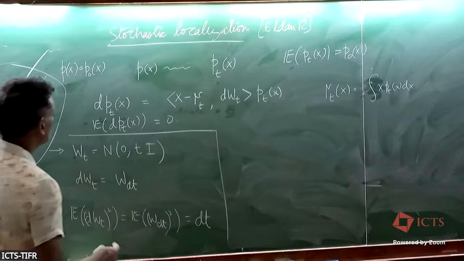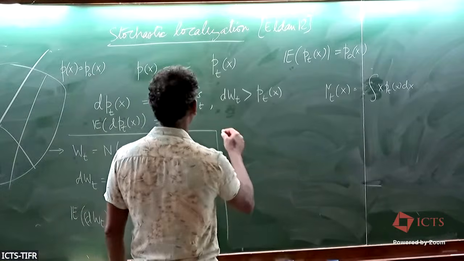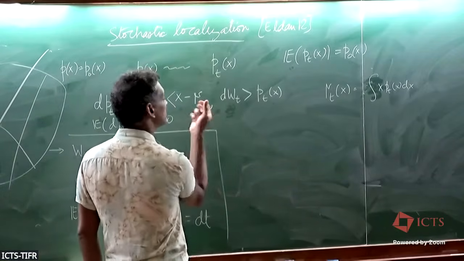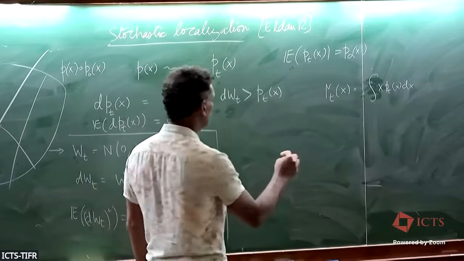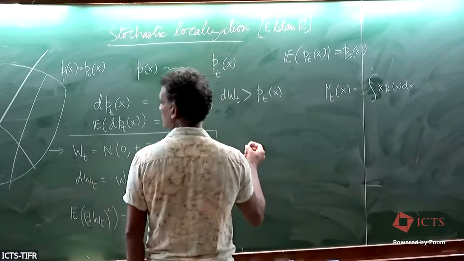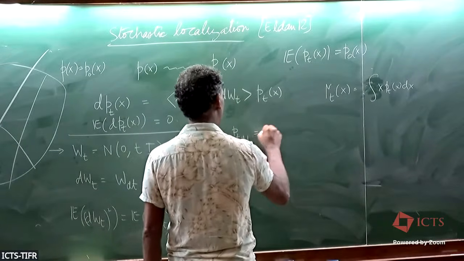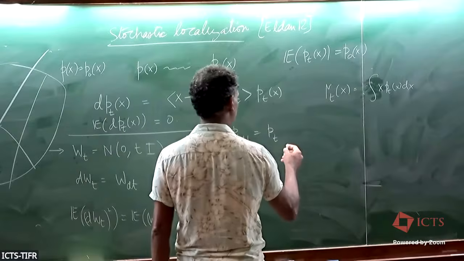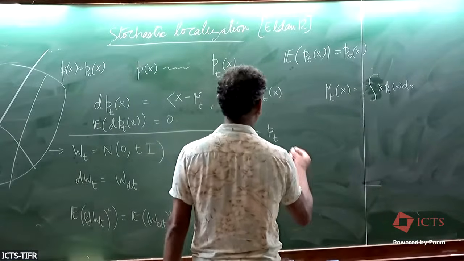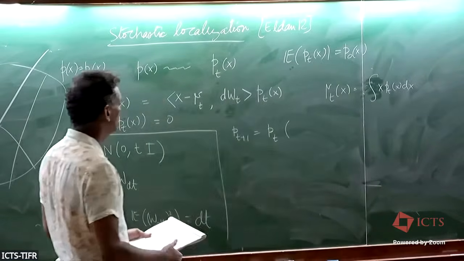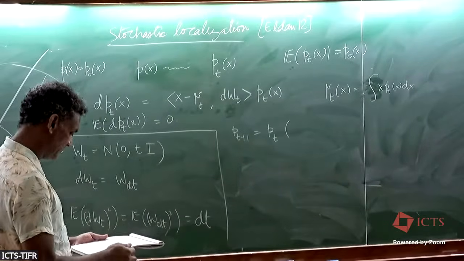Maybe it's useful to think of it briefly in discrete time. If I were to use not infinitesimal time increments but discrete ones, then I would write it as P(t+1) equals Pt times what? That's the question. Times what?